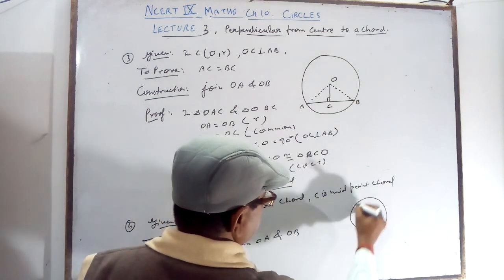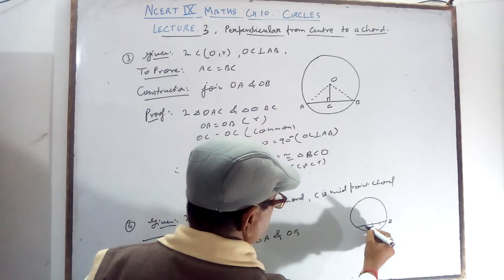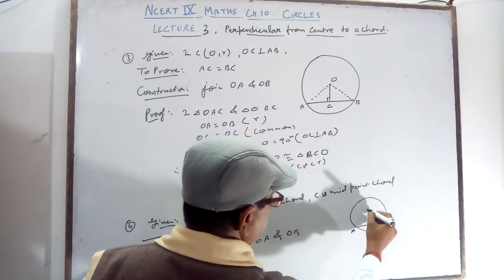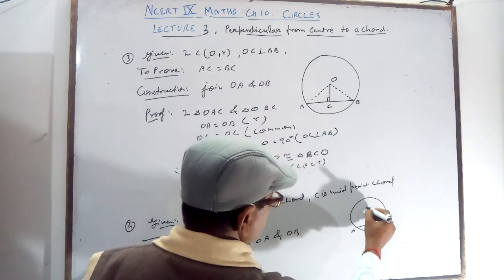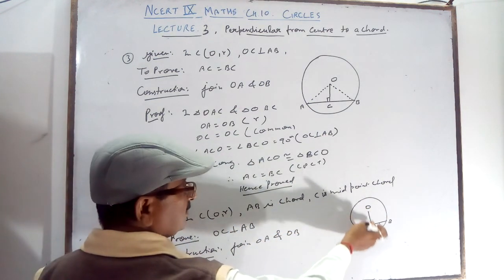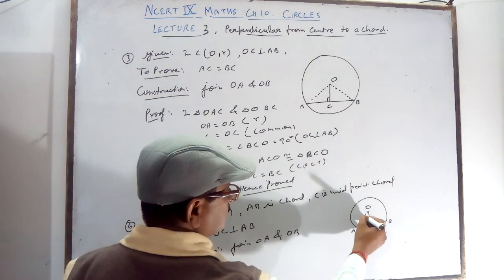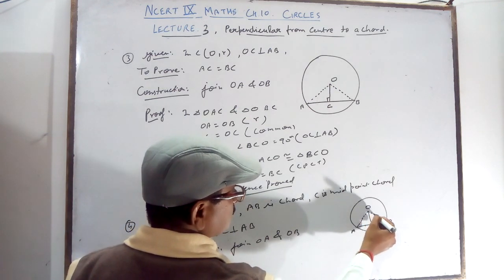There is a circle, there is a chord, C is the midpoint, it is given. You want to prove that the line joining the center to the midpoint is perpendicular to the chord. So for this proof you again join these two.